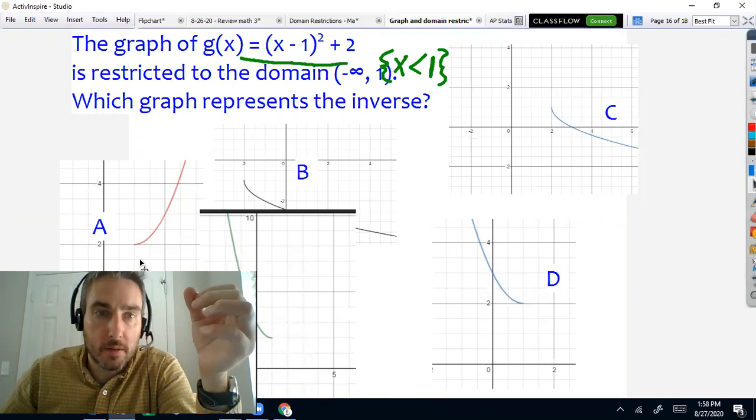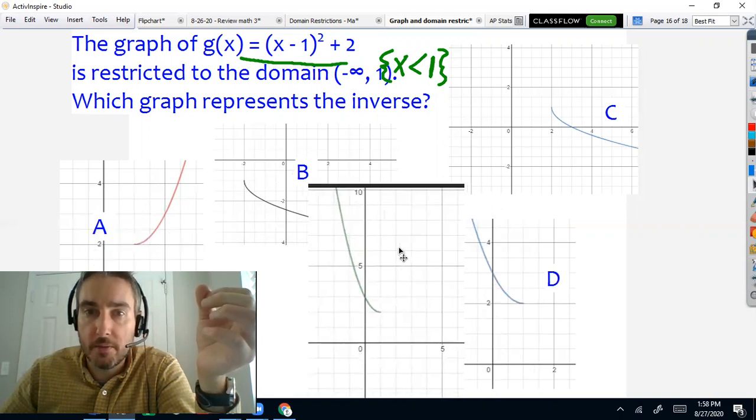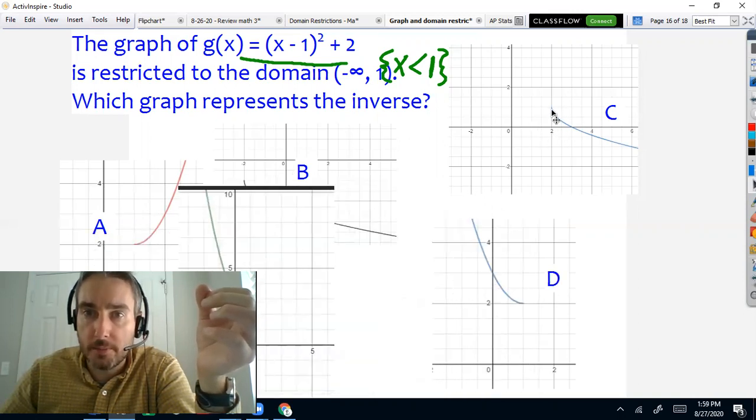Well, this point 1, 2 is here, so that's not going to be it. This point's -2, -1. That's not going to be it. This point's 1, 2, which is actually this graph here. But this point is 2, 1. So that's the one that's actually going to represent that portion of it.